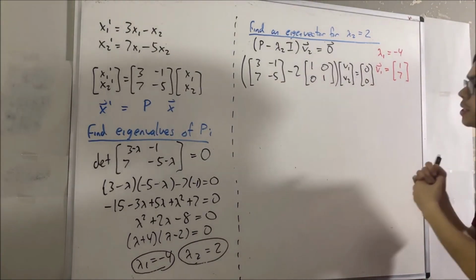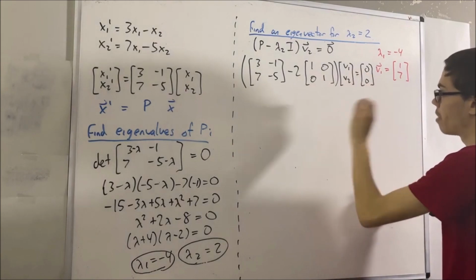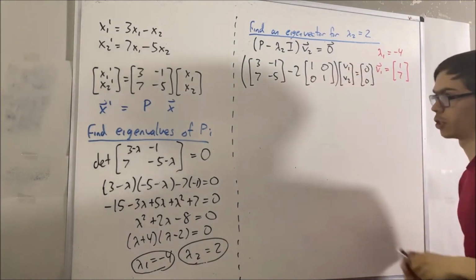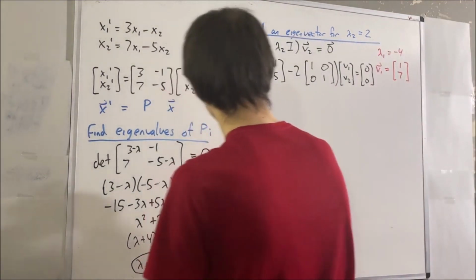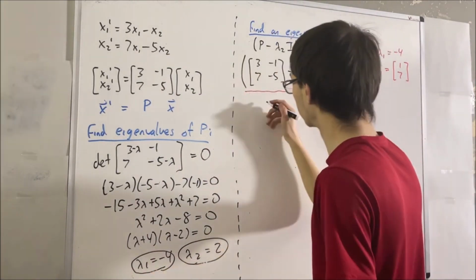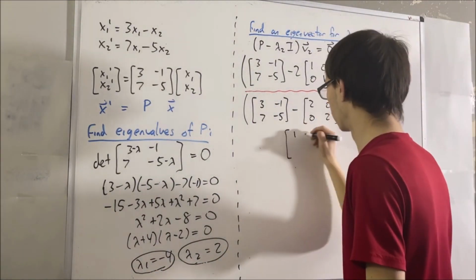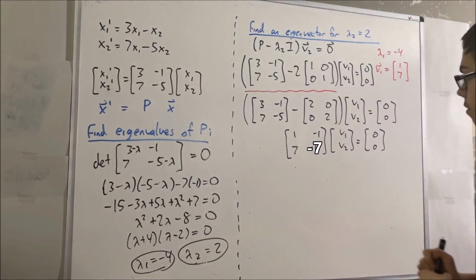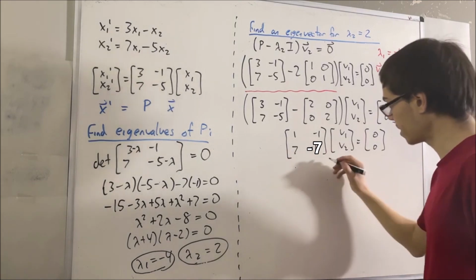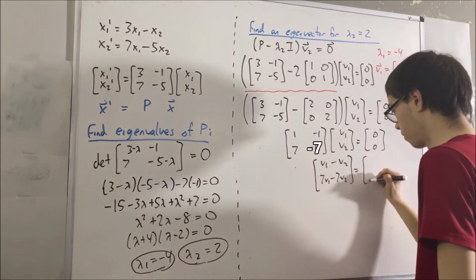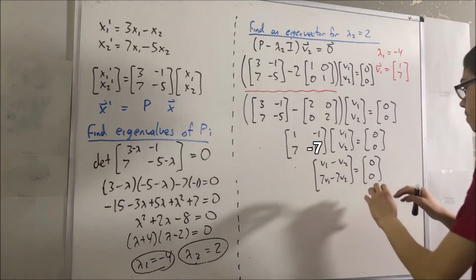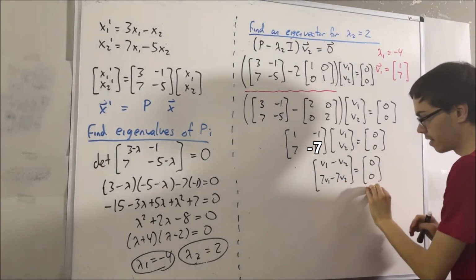Again, we need to determine a non-zero number for V1 and for V2 that satisfies this matrix equation. Just like last time, I'm just going to simplify this right here. And at this point, we can multiply these two matrices together, and we would get this. So now we have two matrices of the same size equal to each other.